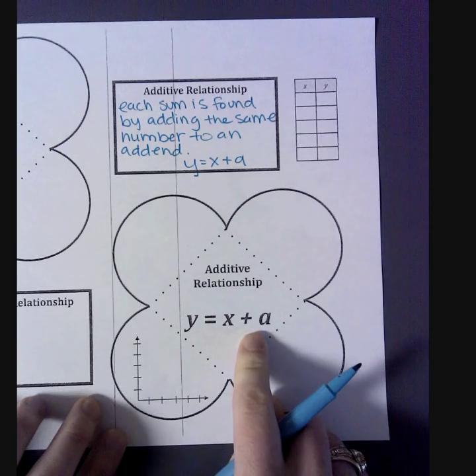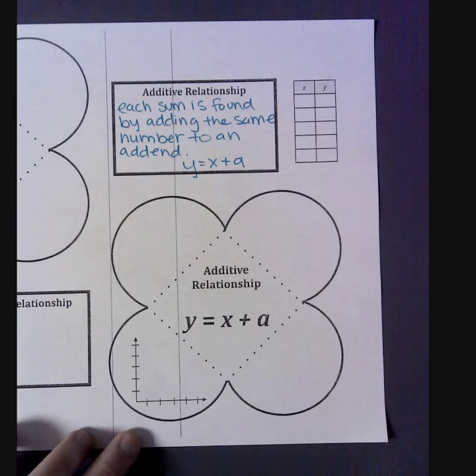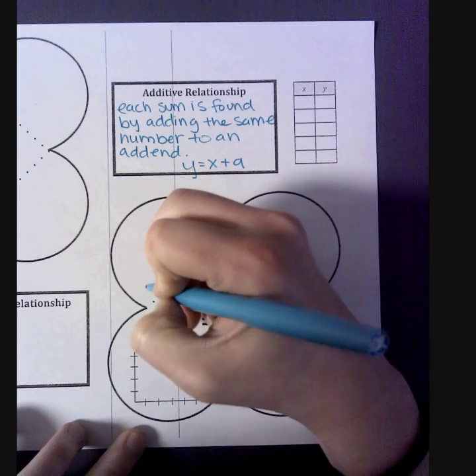This is the formula you're going to use when solving an additive relationship, or whenever you need to write out what that equation looks like. So anytime you're adding. Okay, so there's going to be 4 different ways that we can describe this. One is verbally.